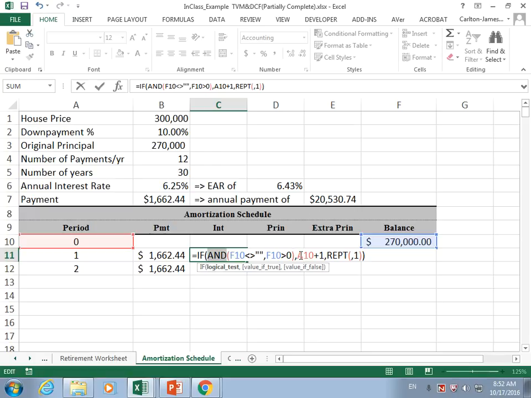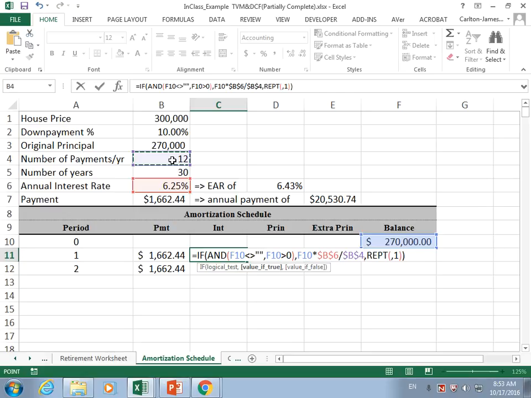Well, our interest rate then is going to be this amount here times our interest payment, F4, divided by number of payments per year, F4. So we're saying 6.25 per year divided by 12 gives you the monthly amount.